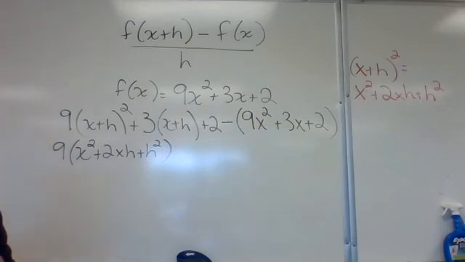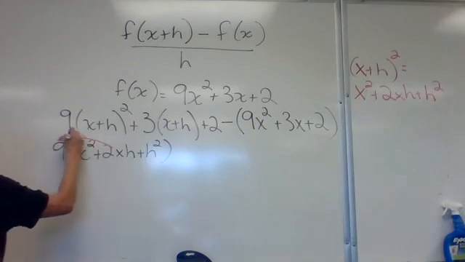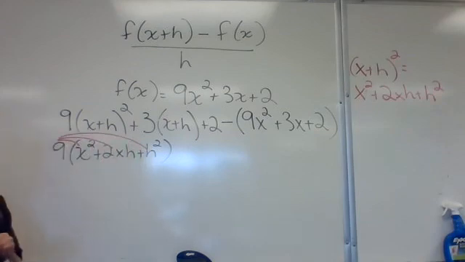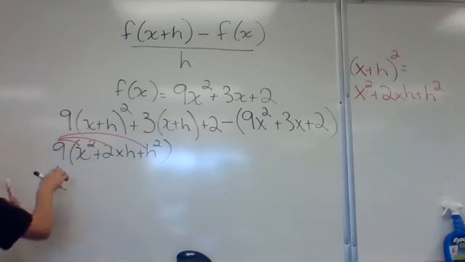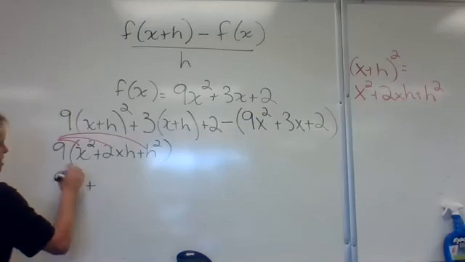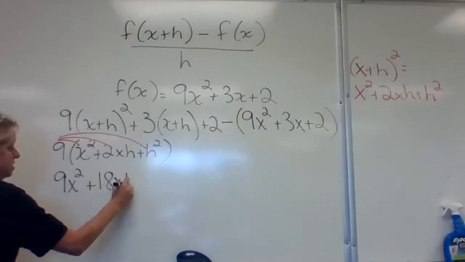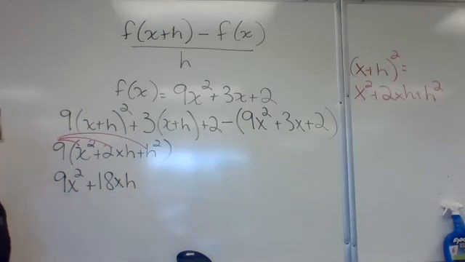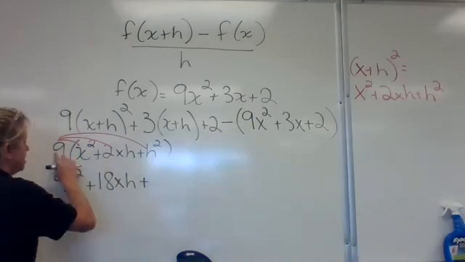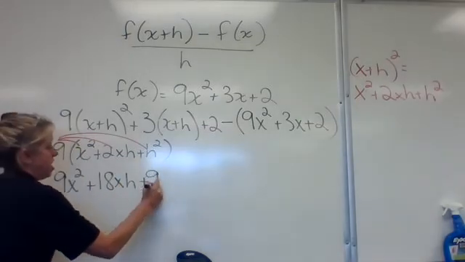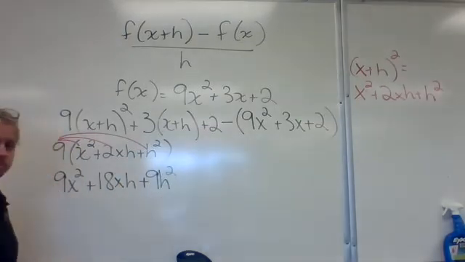Now I'll distribute that 9 to all of these to get rid of those parentheses. So here I have 9 times x squared, 9x squared, plus 9 times 2 is 18xh, plus 9 times h squared is 9h squared.